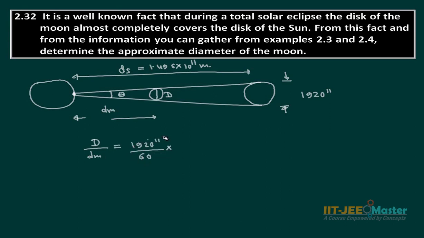To convert seconds into radians, you have to divide by 60, which converts it to minutes, again divide by 60, which converts it to degrees, and multiply by pi by 180, and it is now in radians. So the diameter of the moon will be 1920 upon 60 into 60 into pi by 180 into the distance of the moon from the earth, which is the result of example 2.3, that the distance dm is equal to 3.84 into 10 to the power 8 meter.